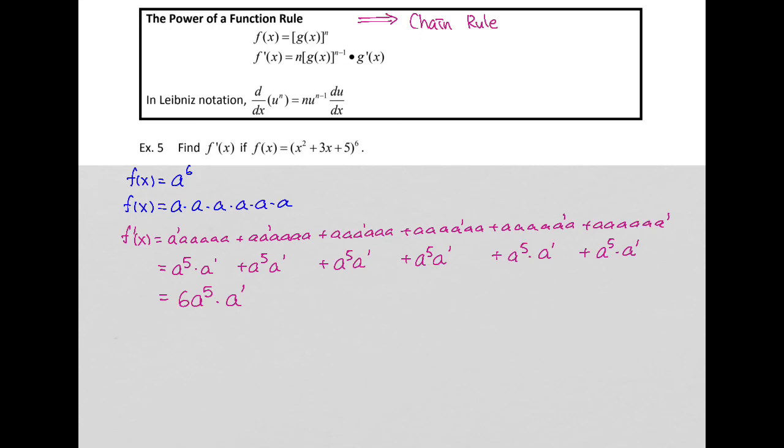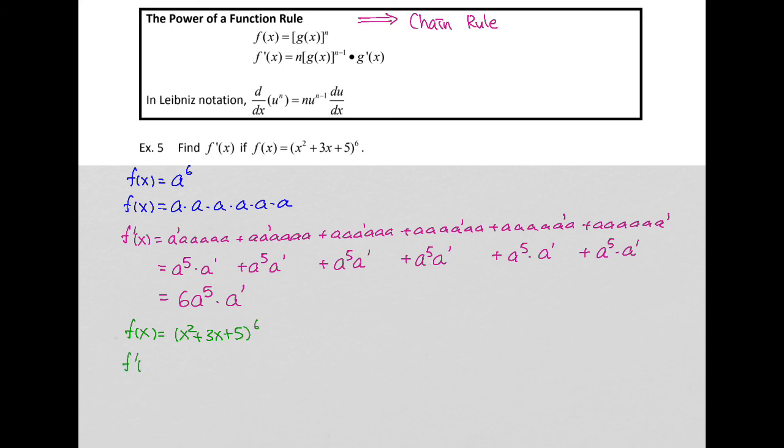Therefore, we say if your original function f(x) is a function g to the exponent n, then your differentiation of the function will be n, bring the exponent down, and the function to the exponent n minus 1 times the differentiation of the function g. So now, f(x) is given by (x squared plus 3x plus 5) to the exponent 6.